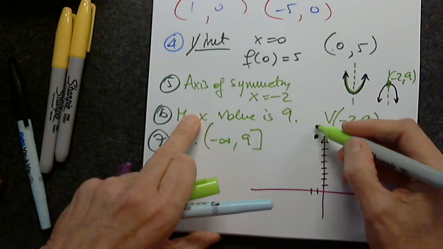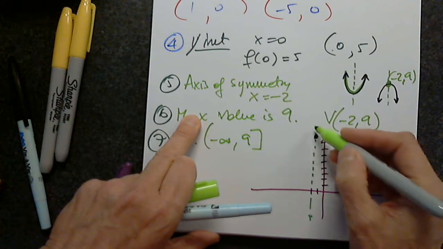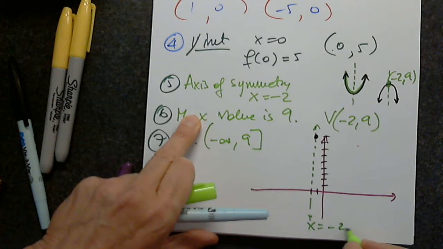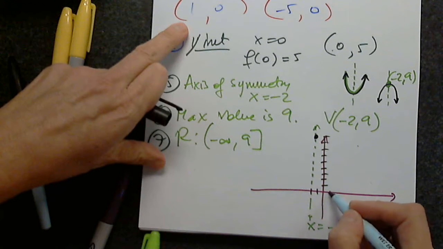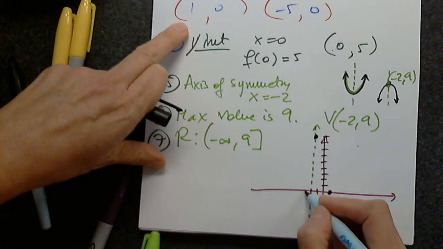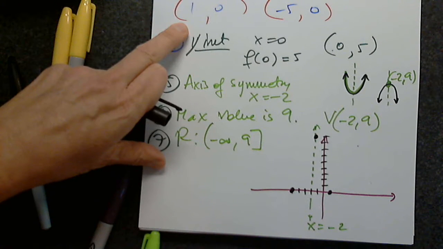It will help us keep the graph in shape. It has no other use. So x equals -2. I continue with the x-intercepts, 1, 0, and -5, 0.